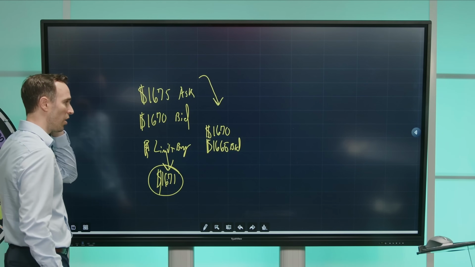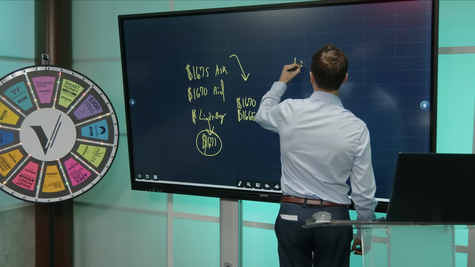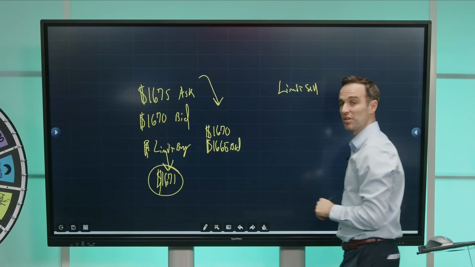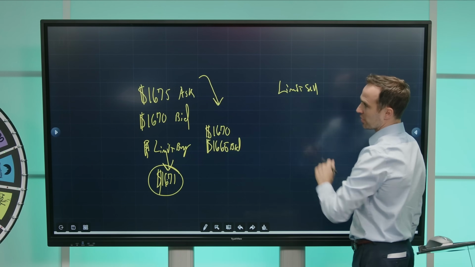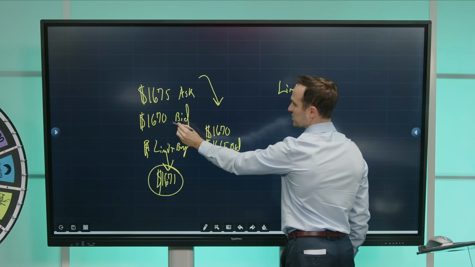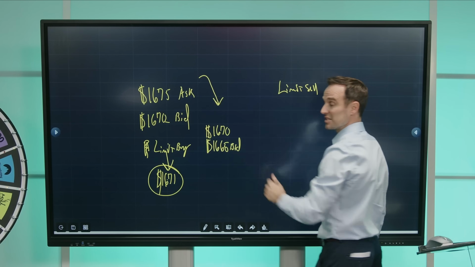And the same thing on a limit sell, right? Let's say that you put in a limit sell order for $16.75, and let's say that that's the current bid and ask. Someone is only willing to buy, or let you borrow, at $16.70.